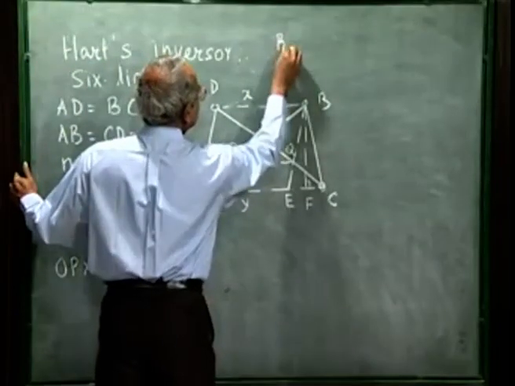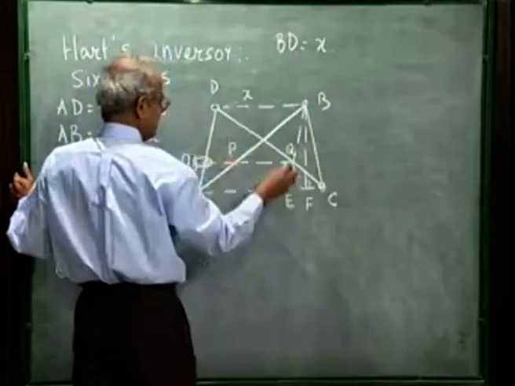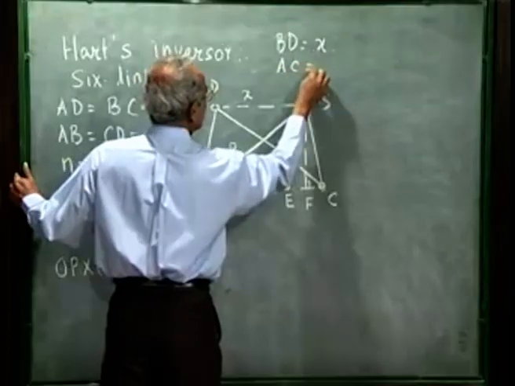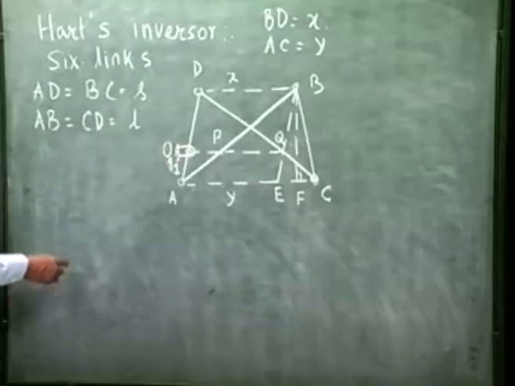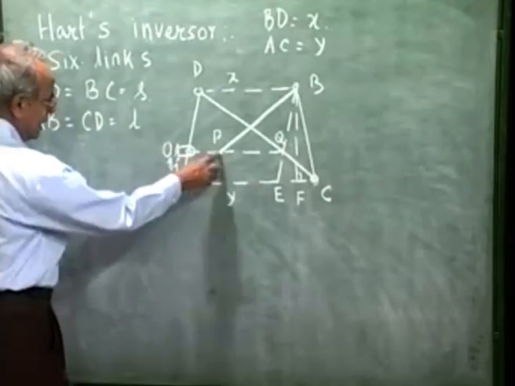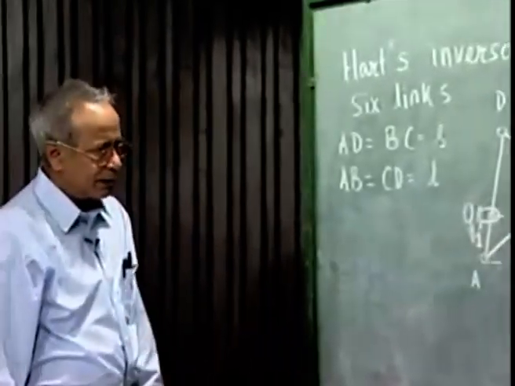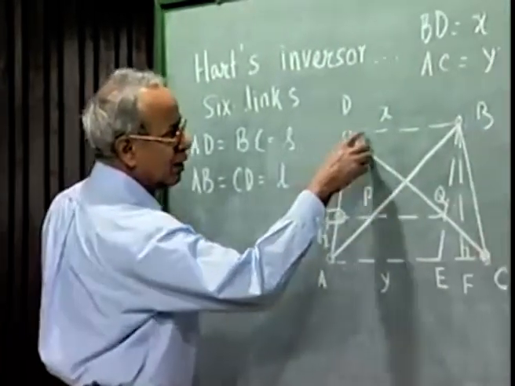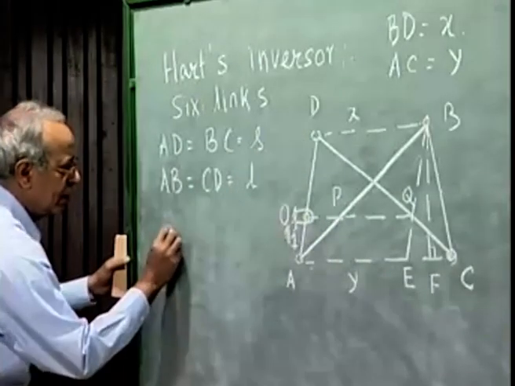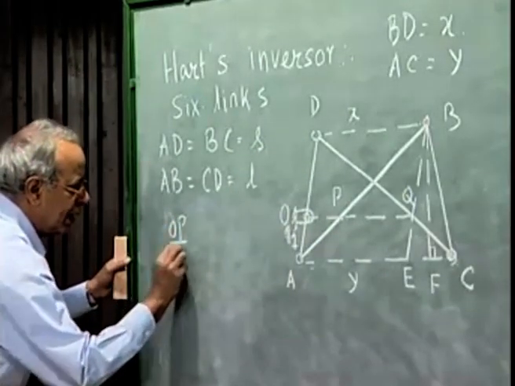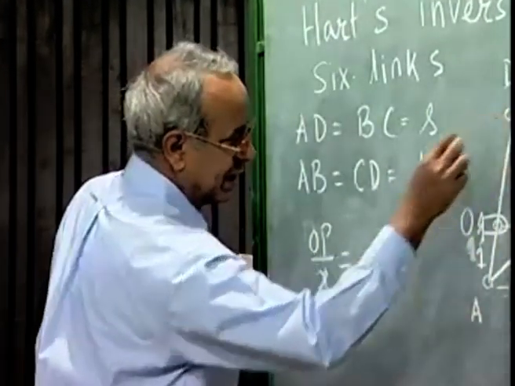BD, I write X, and AC, I write Y. So, in this figure, let us see that APO and ABD, these two triangles will be similar because this line OP will always remain parallel to BD. So, what we can write, OP by X is the same as OA by AD.